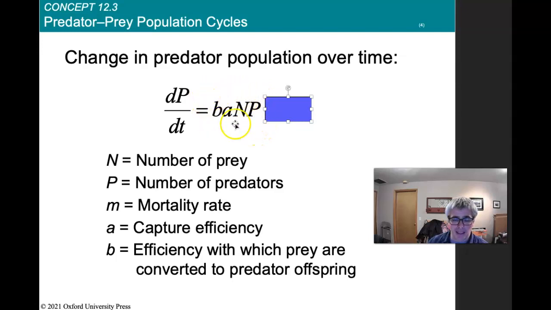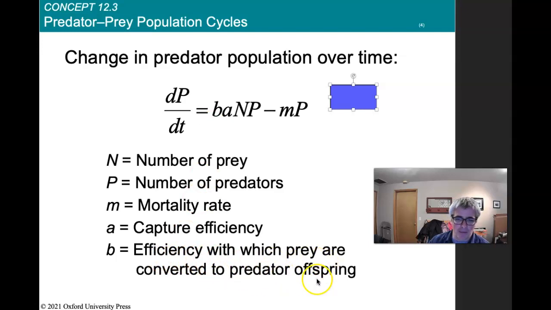So just think about it as the entire life cycle. Food, babies, death. That's all this equation is saying: the change in population over change in time is equal to food, B for babies, the efficiency to which prey are converted into predator offspring, minus death.